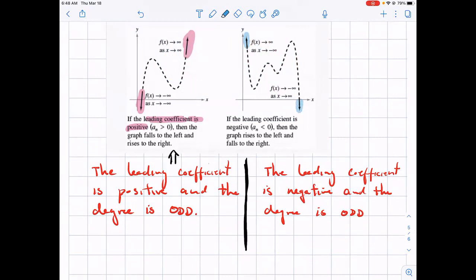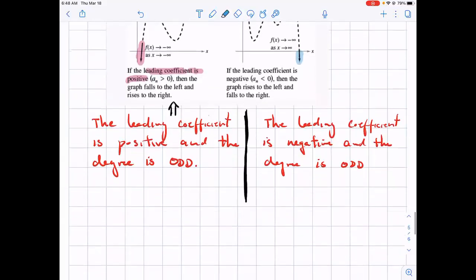It rises to the left and falls to the right. So the leading coefficient really helps to visualize what's happening.